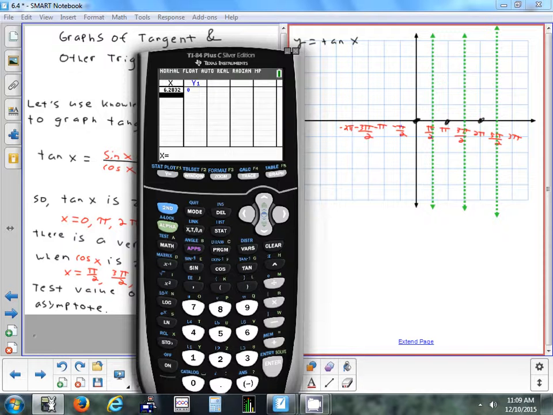Pi over 2, type in 2 pi. Oh, I was going to say, yeah, that should be undefined. Pi over 2. Enter. Okay. So 1.57. What's a value just after 1.57? Sure, 1.58.